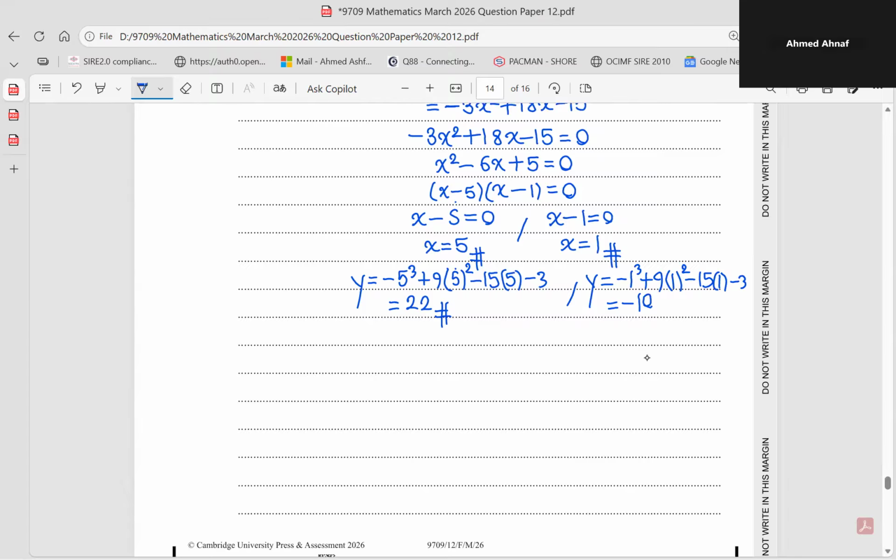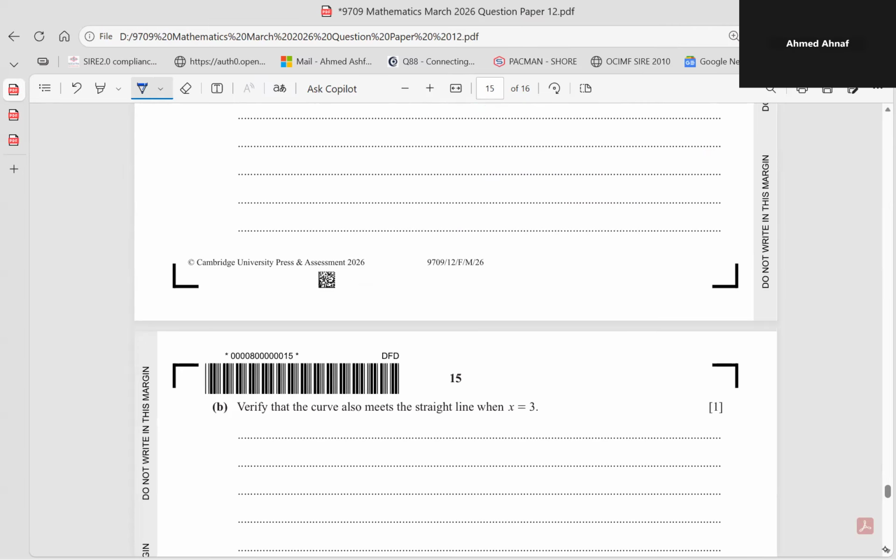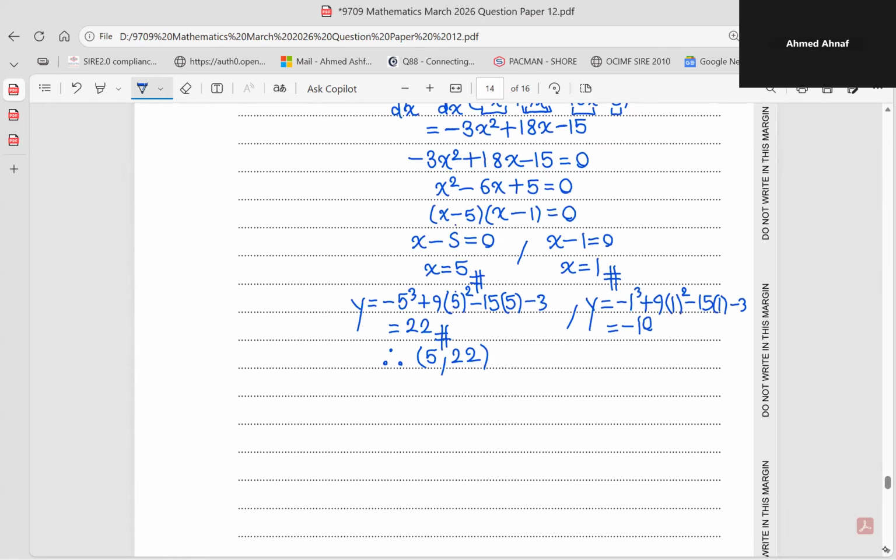Therefore we have found the coordinates of the stationary points, which are (5, 22) and (1, -10).